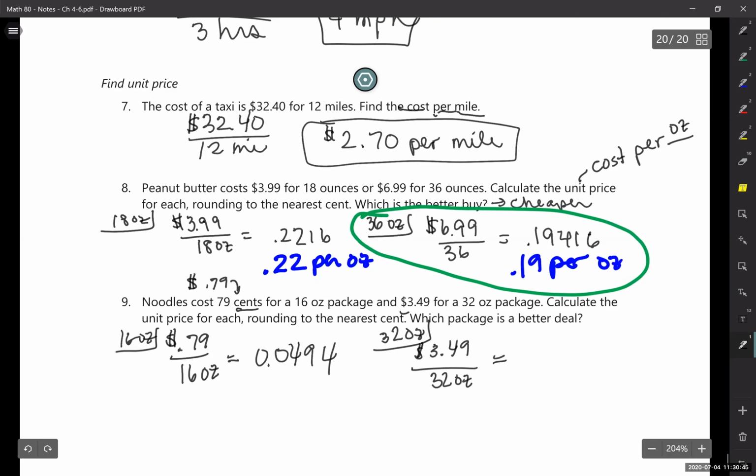So I put that in my calculator. And I get 0.10906 and so forth. Okay, so looking at these two numbers, that's 5 cents per ounce because I'm rounding up.